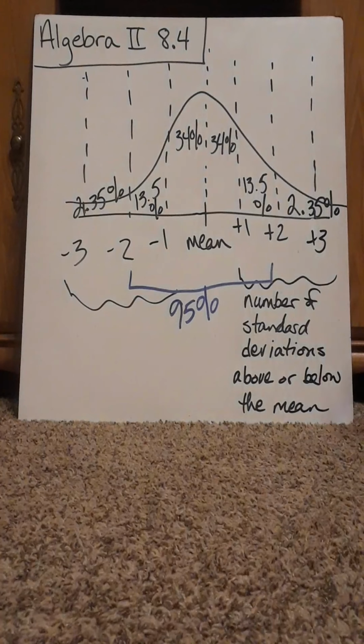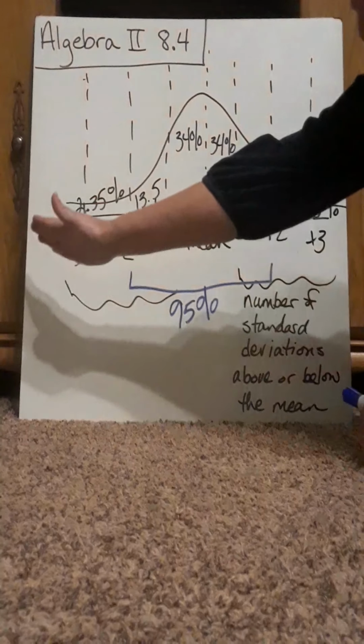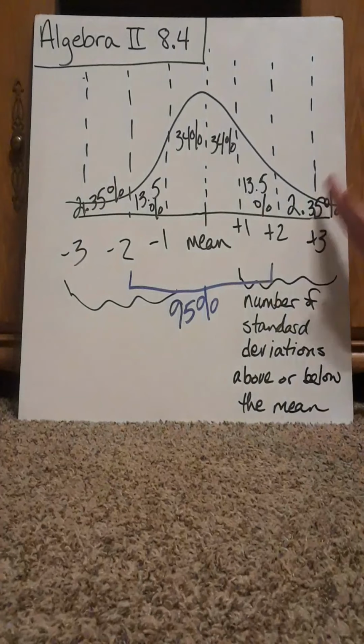And then there's a little bit left over, because 2.35 and 2.35 adds to 4.7. That little bit left over is what's going to lie even outside of that, outside of the 3 standard deviations and outside of the 3 standard deviations this way. Okay?